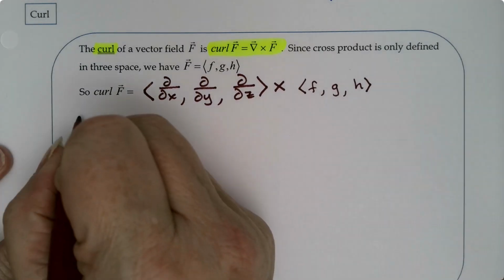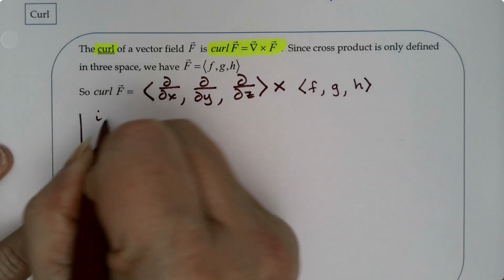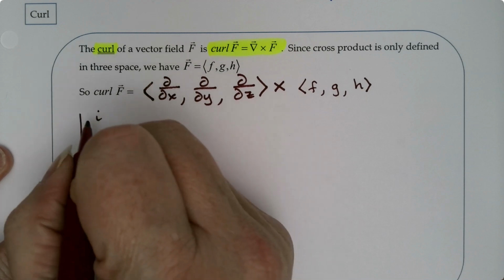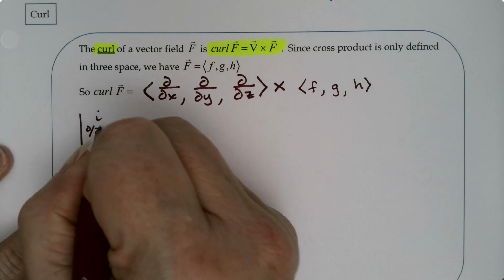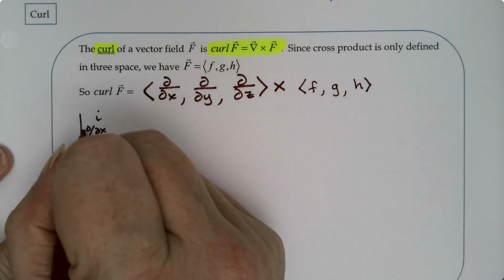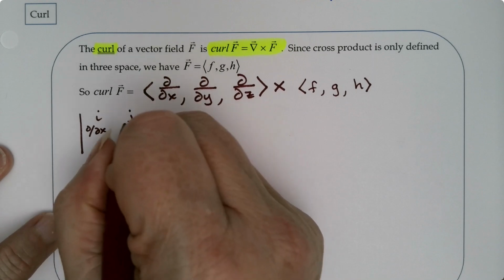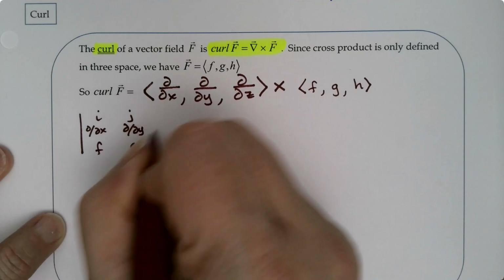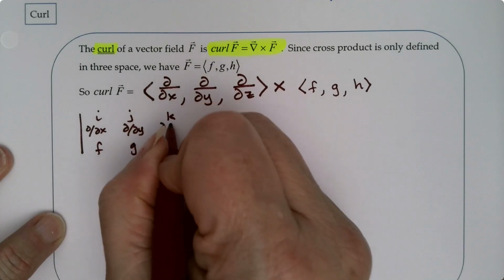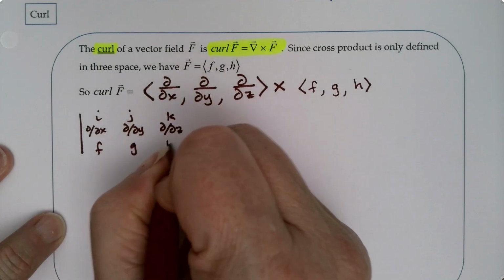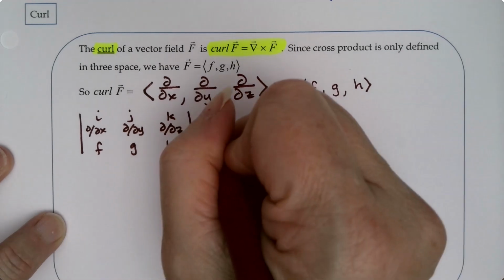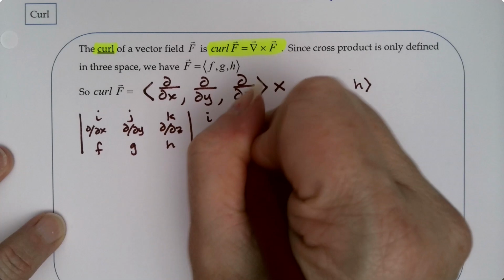All right, so I'm going to remind us how to do cross products. We're going to take i, j, k on top, then the del with respect to x, y, z, and f, g, h. Then I'm going to rewrite those two pieces over here, i and j.